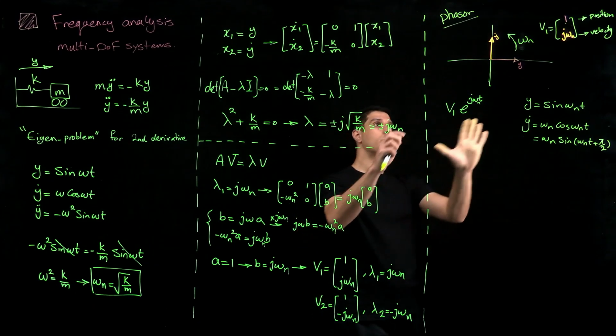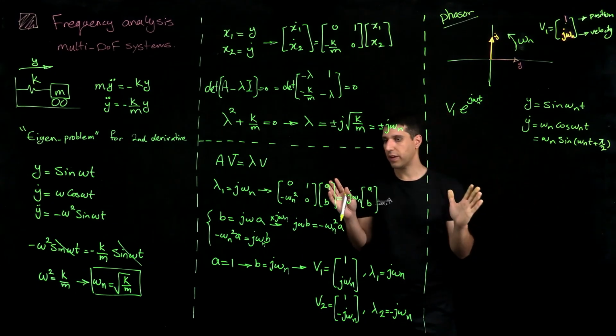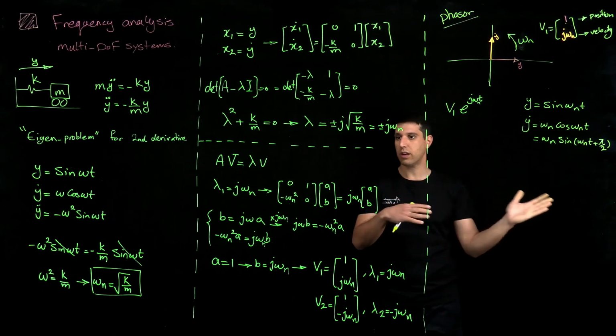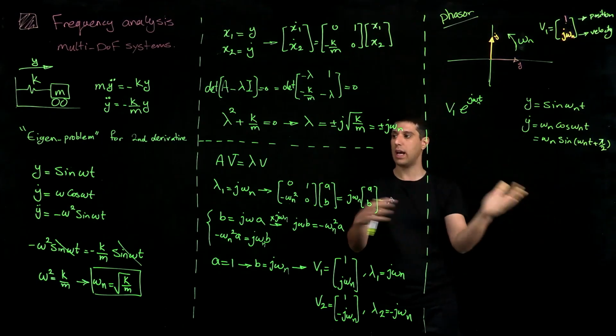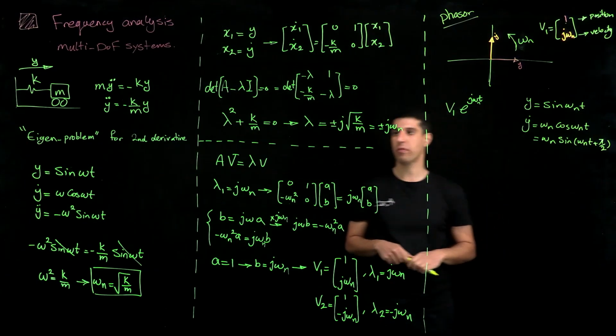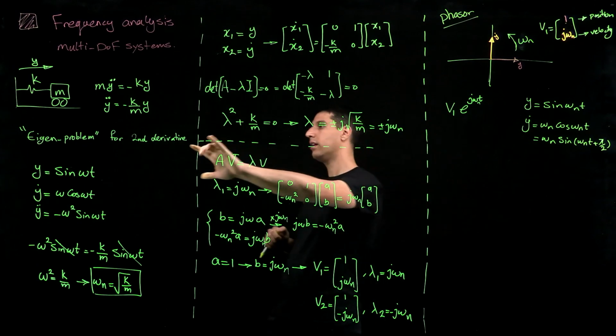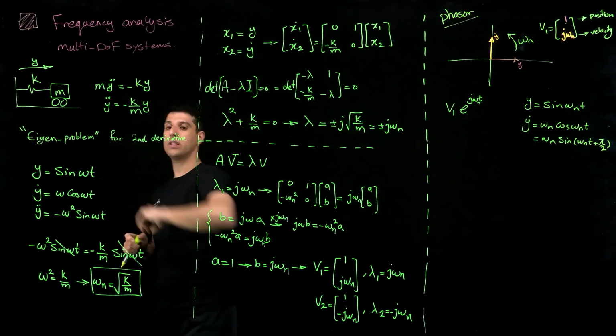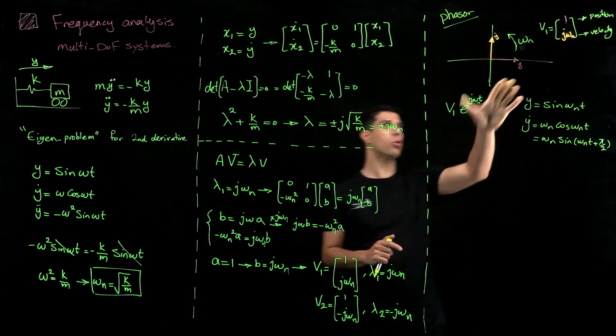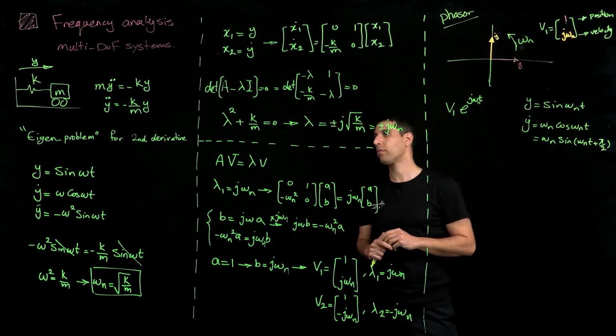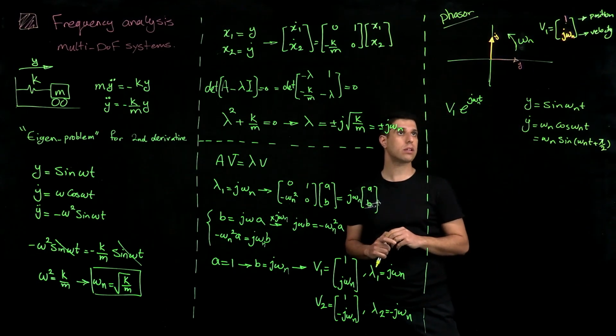So this is a way you can try to figure out the relative phase of the position and velocity when you have these oscillations. In a 1 degree of freedom system, this is more or less trivial, that you would expect this.